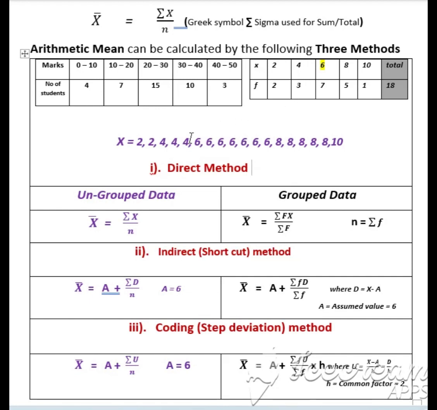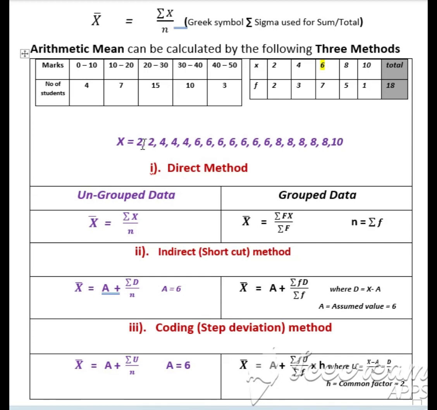It means in the data, 4 is there 3 times. 6 is 7 times. So you can check, here 6 is repeated 7 times. 8 is 5 times. So 8 is repeated 5 times, and you can see 8 here 5 times. And 10 is 1 time.